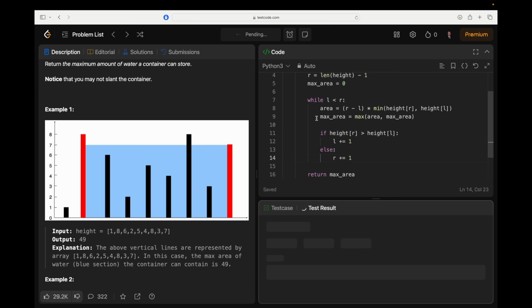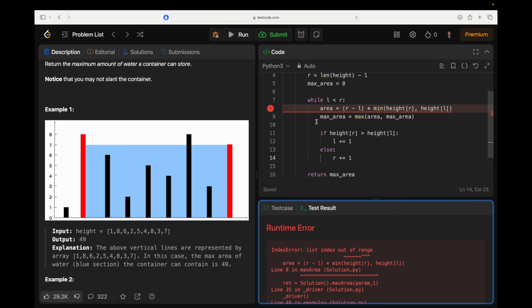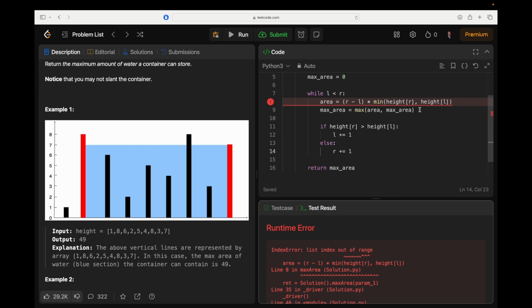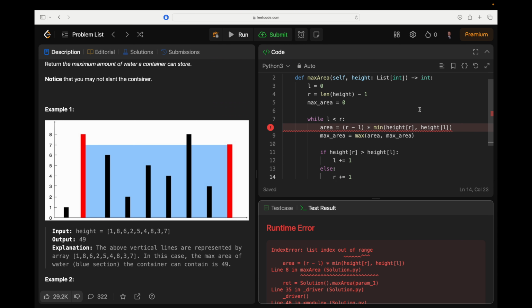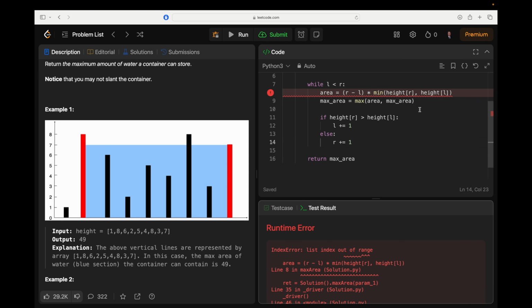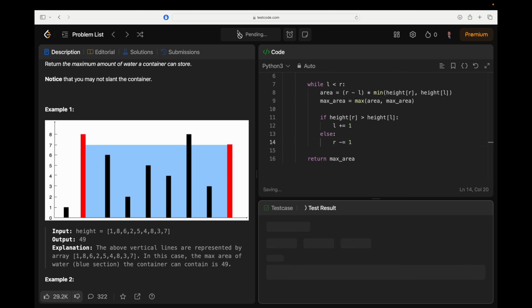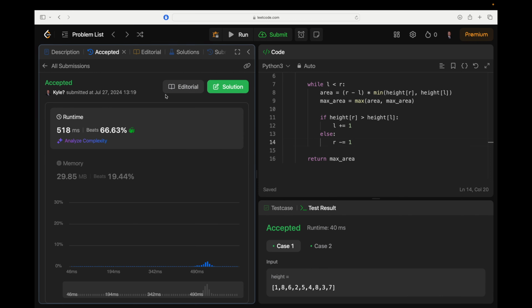Run that. Oh. Minus equals 1. Okay, and it works. Let's see if it works for all of them. Yes, it does. Oh my goodness.